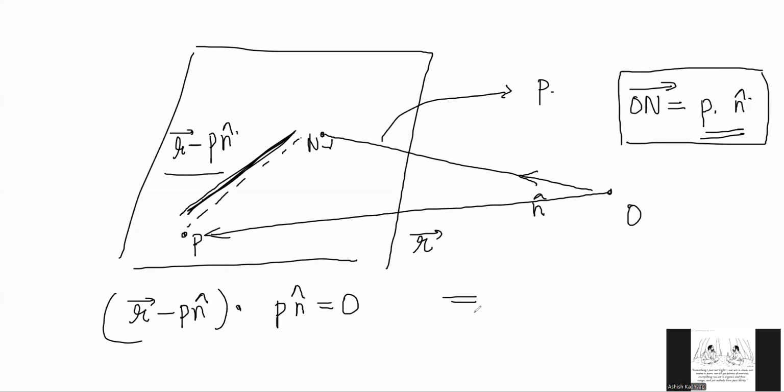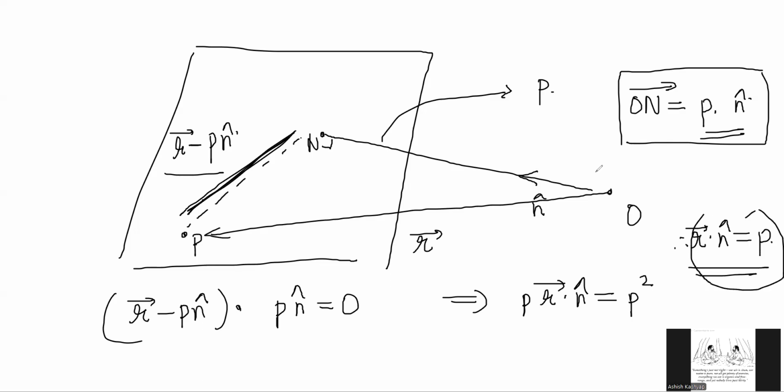And from here, we will be able to prove that p r dot n hat is equal to p square, and therefore r dot n hat is equal to p, right? That becomes the equation of the plane in the normal form. Another way to write this in Cartesian form would be like this.